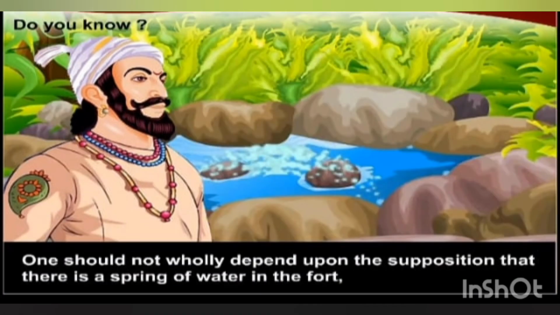One should not wholly, wholly means fully, depend upon the supposition, supposition means expectation, that there is a spring of water in the fort and that it would somehow or other supply enough water.